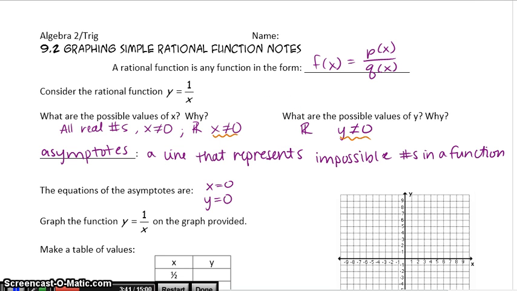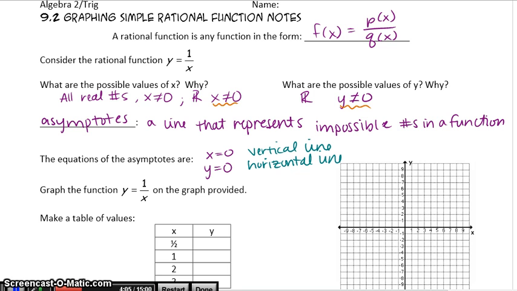And just as a reminder, x equaling 0, that's a vertical line. And a way to remember it, if it's x equals 0, it crosses the x-axis, and then y equals 0, that's a horizontal line. And that will cross the y-axis when we draw that in.